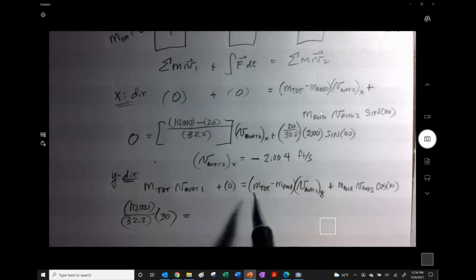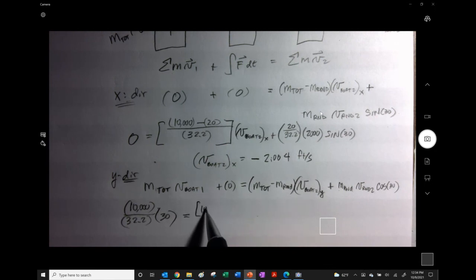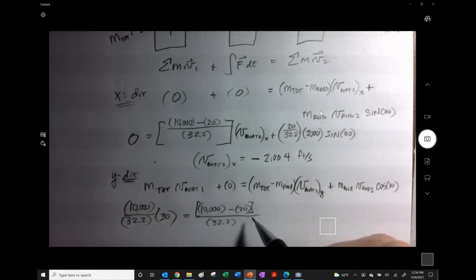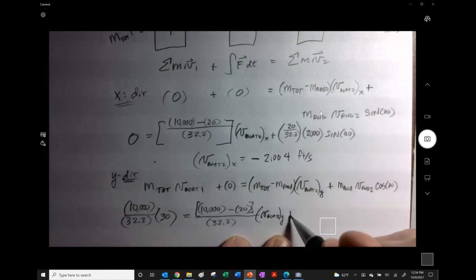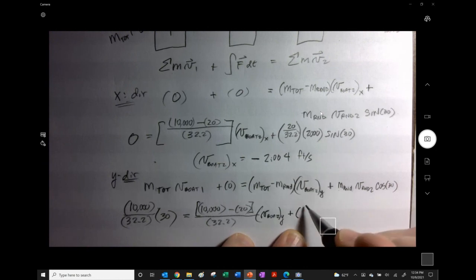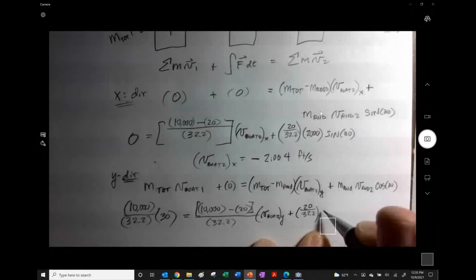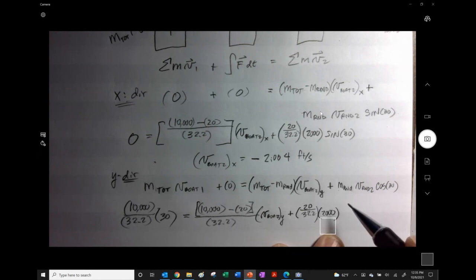And then we're going to take that, once again, 10,000 minus 20 divided by 32.2 times the velocity of the boat in the y direction, which we don't know, but we're trying to find out, 2 in the y direction, plus mass of the round, which is 20 divided by 32.2, and velocity 2,000, and that's going to be times the cosine of 30.